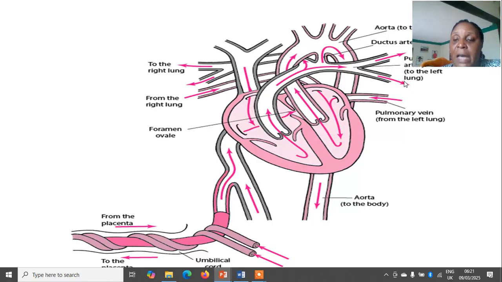But at the same time, there was a taking in of breath through the lungs. So what does it mean? The pulmonary vein is now bringing oxygenated blood to the left atrium. And this pressure in the left atrium will lead to the closure of the foramen ovale.